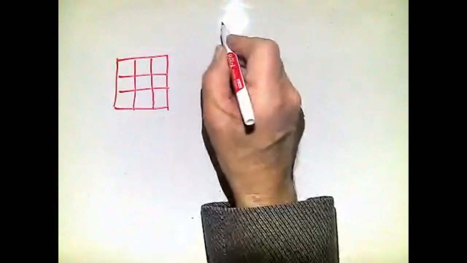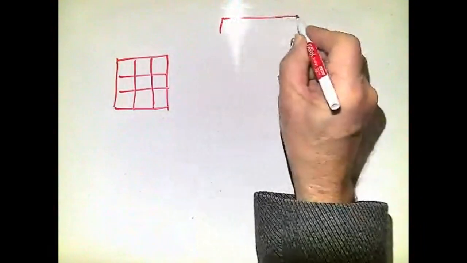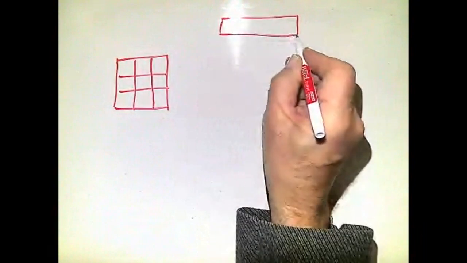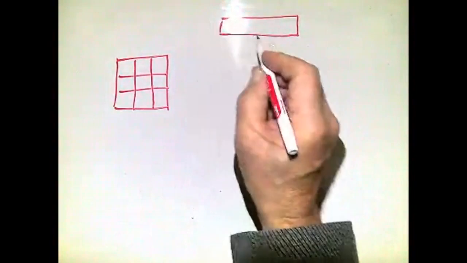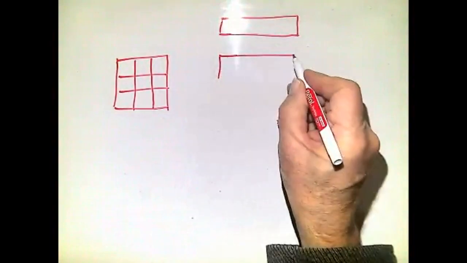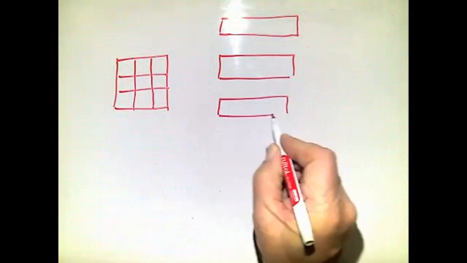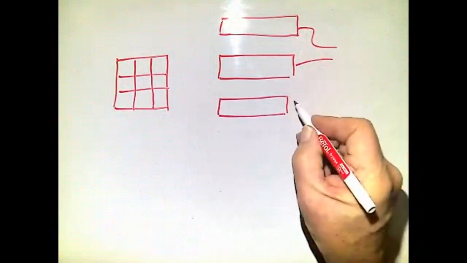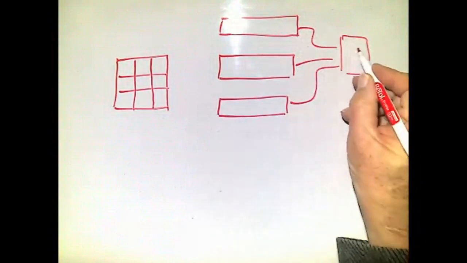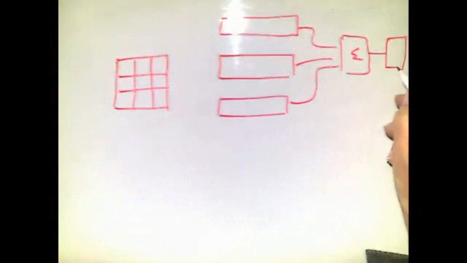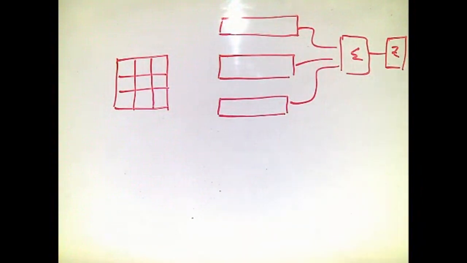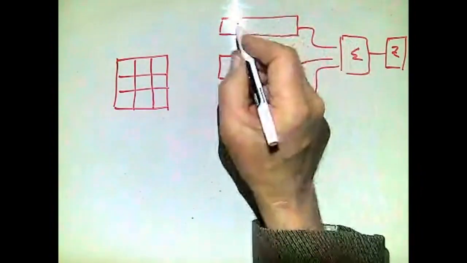Let's now take 3 logic functions, and I'll draw them as a register, and I'm going to use 3 inputs. So they go into a summer and a threshold. Let's put the addresses on here.